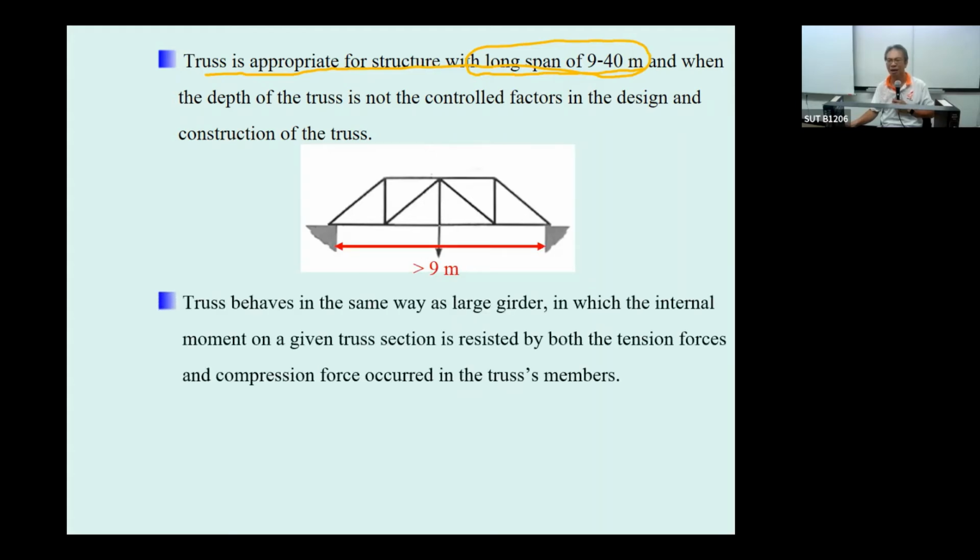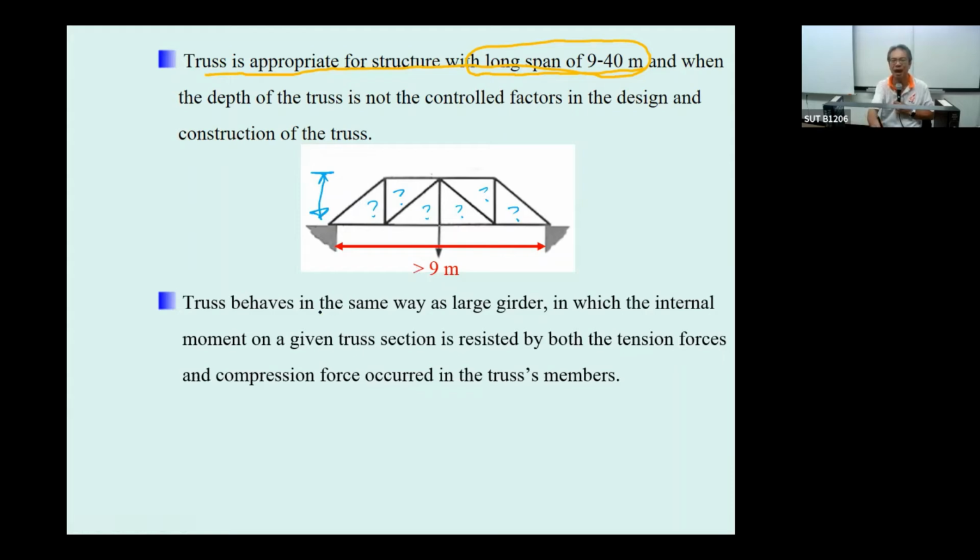Also, if you actually consider the truss, you may explain why it's more effective than the beam. Truss is like the beam, but the truss has spacing inside it. So the truss is light, and the truss has a large depth, so the moment resistance of the truss is going to be very large.